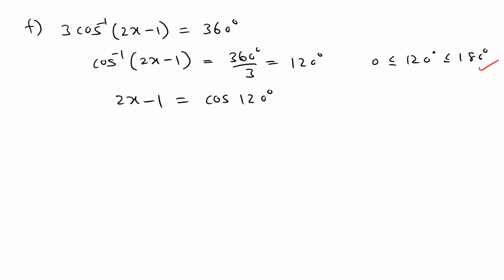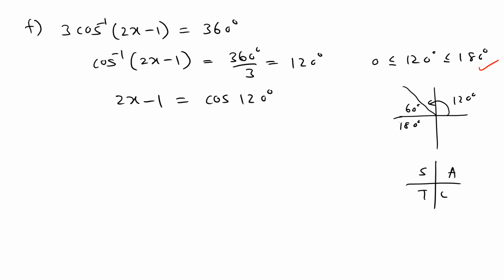Now you can see cosine 120 is in the second quadrant. The reference angle is the difference between 120 and 180, so that means 60. By ASTC, cosine is negative in the second quadrant.